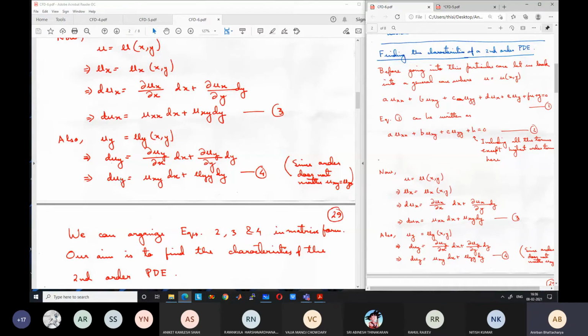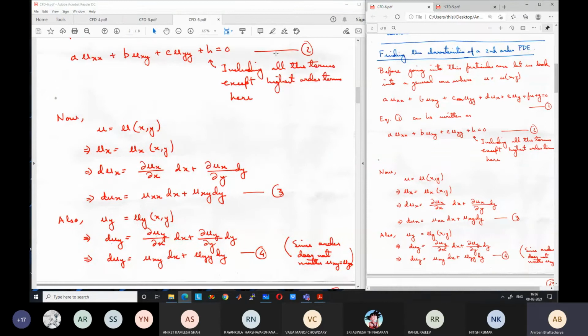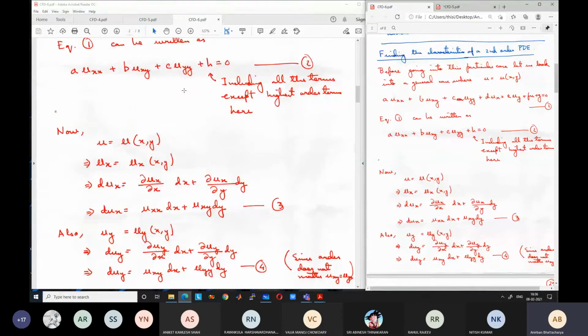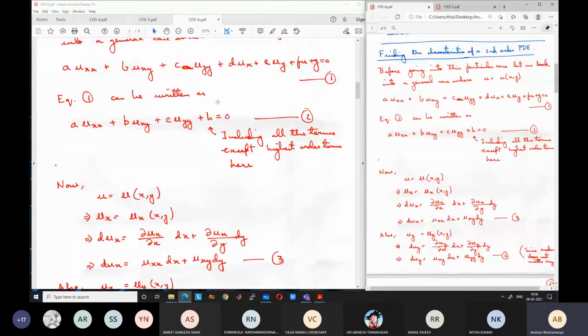Now I can arrange these three equations in matrix form. We have three equations, and the three unknowns are u_xx, u_xy and u_yy. Why are we assuming these are the unknowns? Because these are the highest order terms in the general equation.